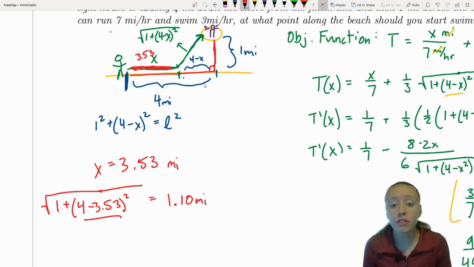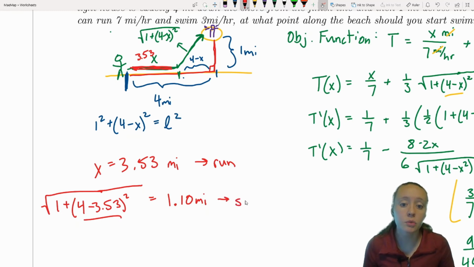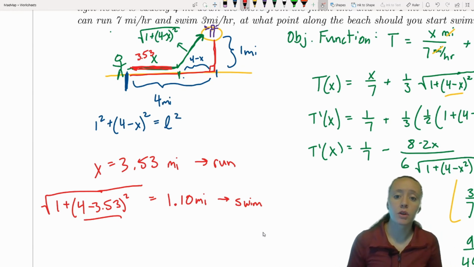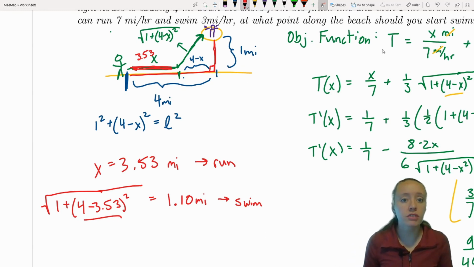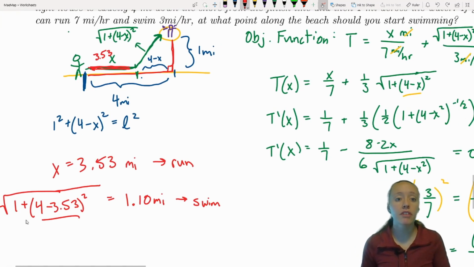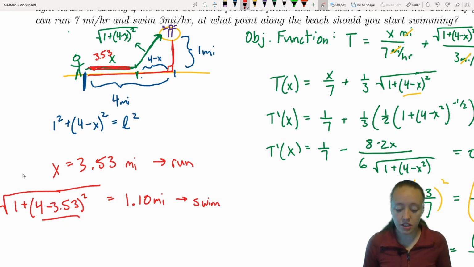So if I run 3.53 miles and I swim 1.10 miles, how much time do you think it's going to take me to complete this race? Well, I can just plug this right back into my objective function for time to figure out that total time. So I'm going to take my 3.53 and divide it by 7 to get 0.50.